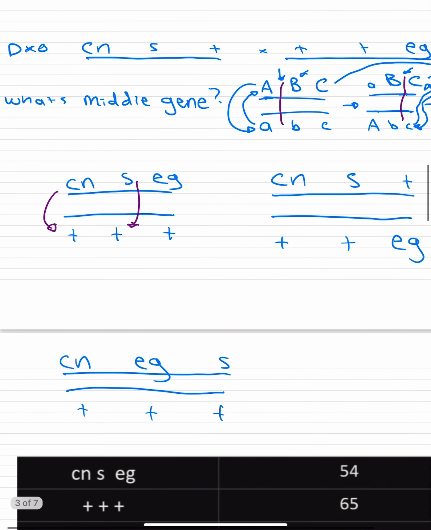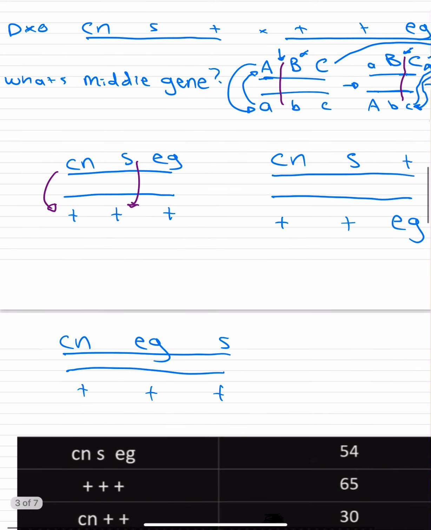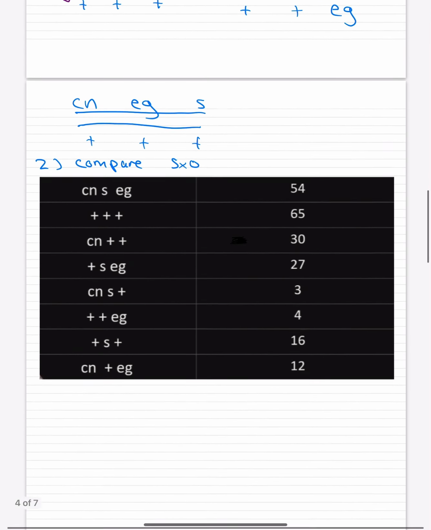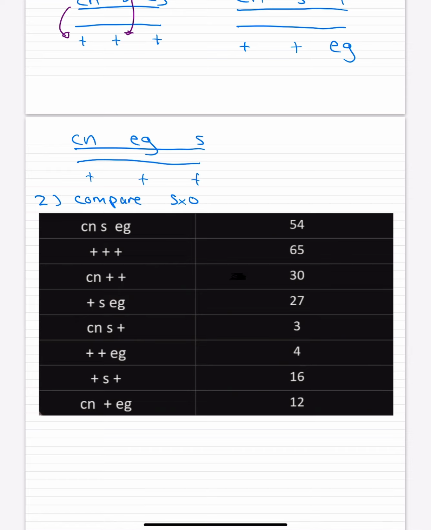So now that we know which gene is in the middle, the second step is to compare the single crossovers. And I'm going to simplify single crossovers as SXO. Here's a picture of all the progeny. We know that these right here are the parentals, and these right here are the double crossovers. That means that everything else is going to be the single crossovers.